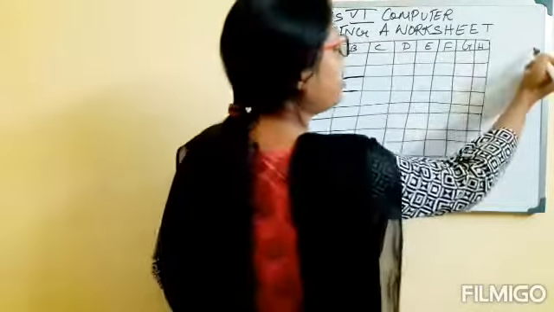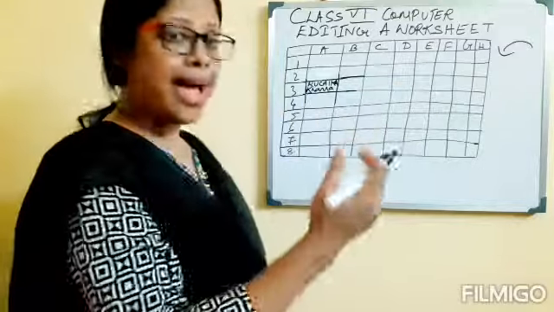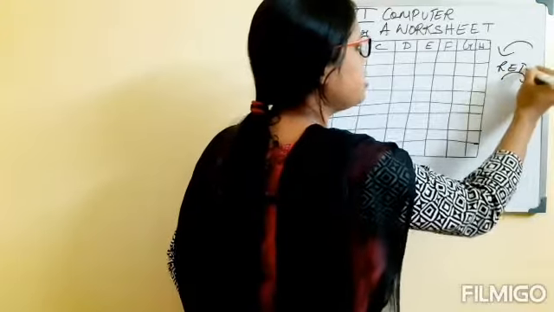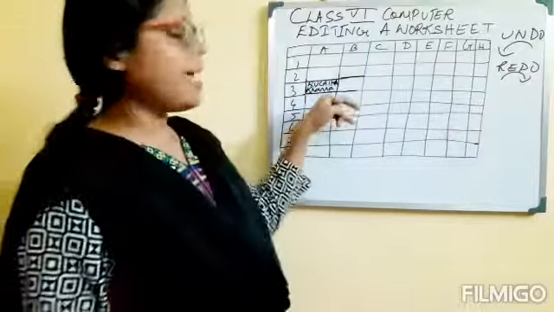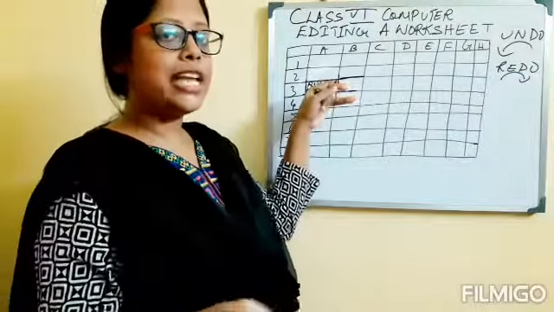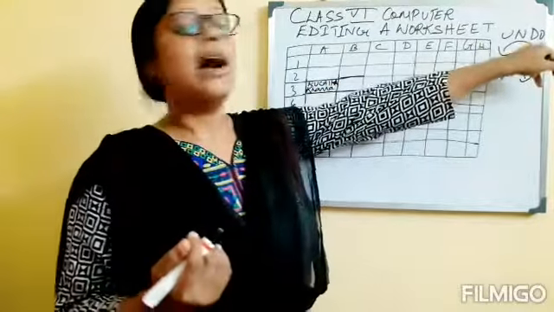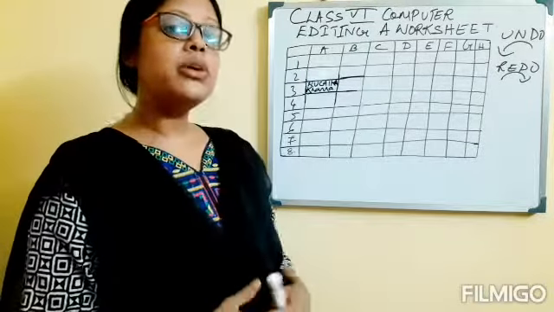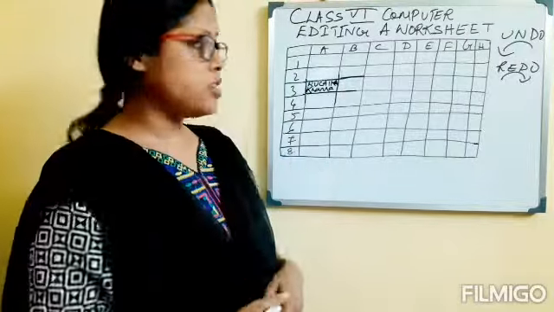The symbol of the undo action is the backward arrow, and the symbol of the redo action is the forward arrow. So this is the redo action and this is the undo action. To get back the data you had entered before modification, we need the undo action.